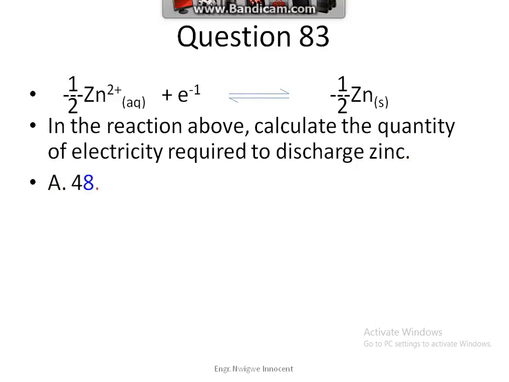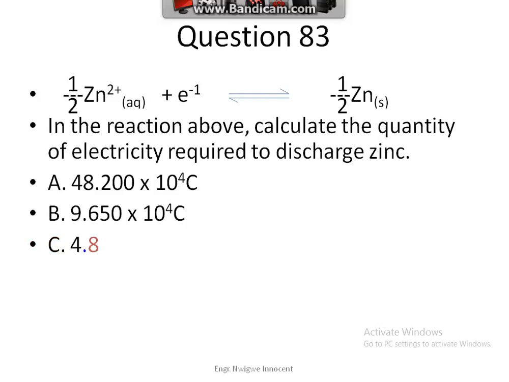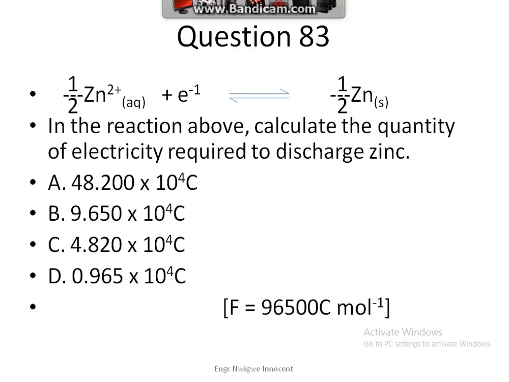A. 48.200 times 10 raised to the power 4 coulombs. B. 9.650 times 10 raised to the power 4 coulombs. C. 4.820 times 10 raised to the power 4 coulombs. D. 0.965 times 10 raised to the power 4 coulombs. Given Faraday to be equal to 96,500 coulombs per mole.